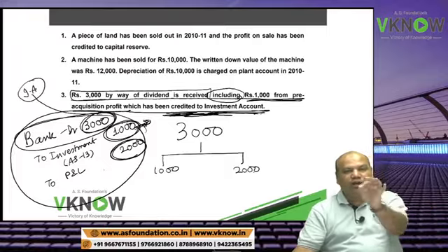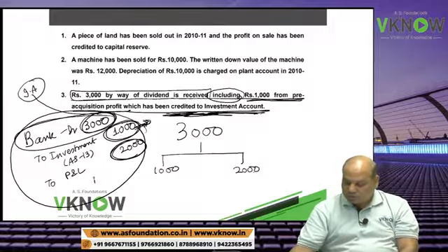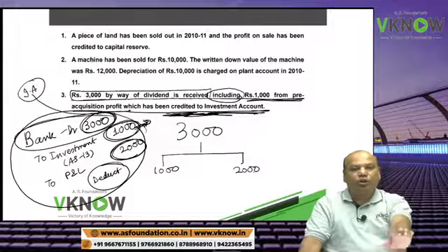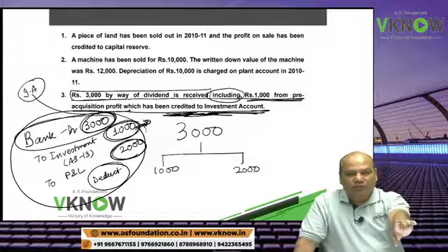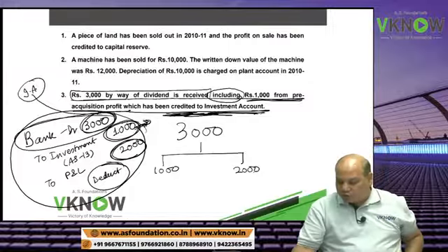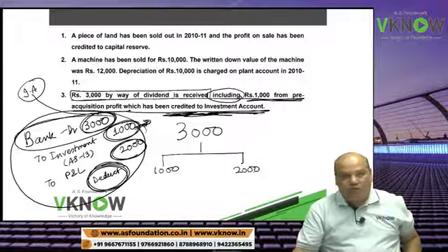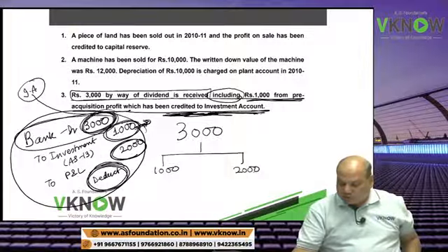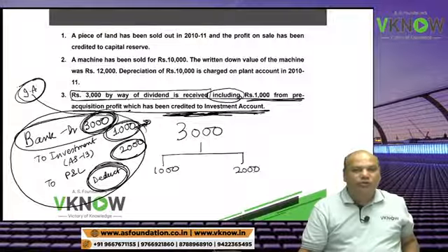Dividend income credited to P&L account, you deduct it from P&L account because it is not an operating activity, it is an investment activity. So deduct in P&L account and show in investment activity 3,000 rupees.